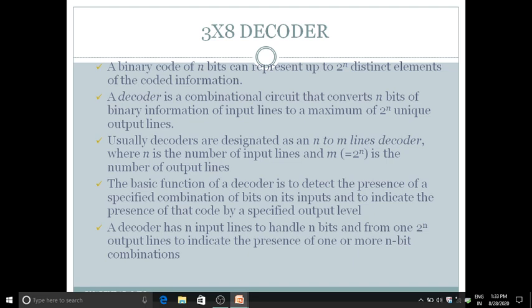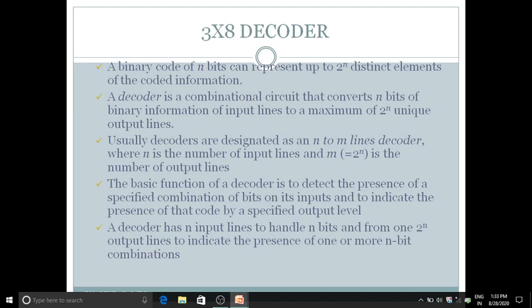So I can also say that a decoder is a combinational circuit that is converting n bits of binary information of input lines to a maximum of 2 power n unique output lines.